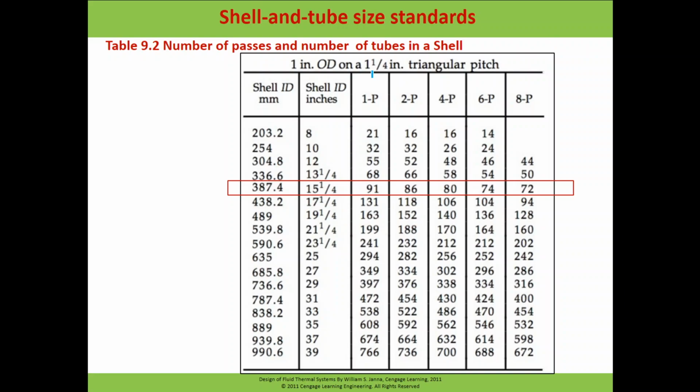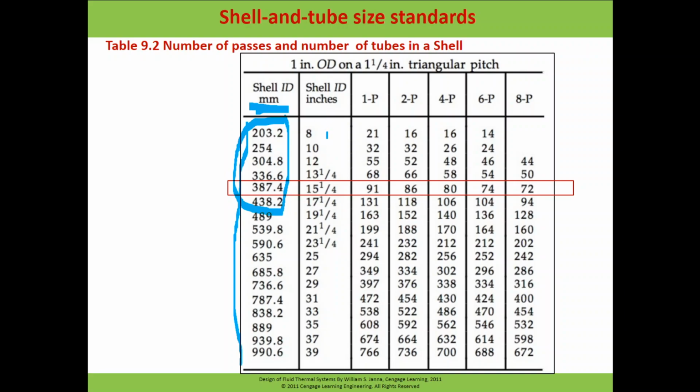The next table is showing what the shell diameter standards are. So here we have the shell inner diameter, and these are the different standards for the shell inner diameter. It can be 203.2 mm, it can be 254 mm, it can be 304 mm. Basically these are all shell inner diameters.